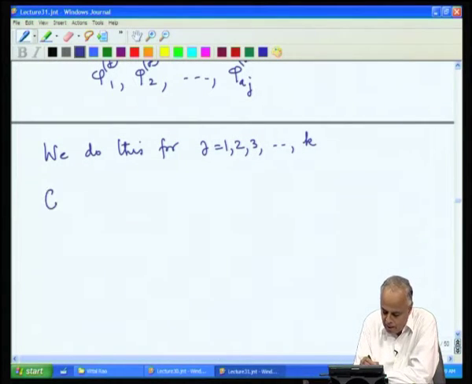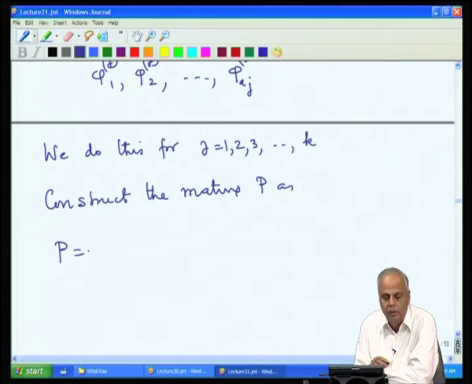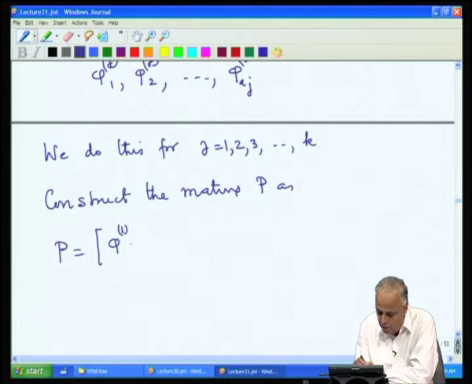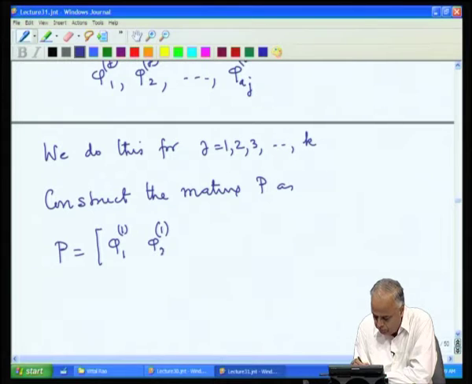Then construct the matrix P as follows. First you write all the eigenvectors corresponding to the eigenvalue lambda 1.